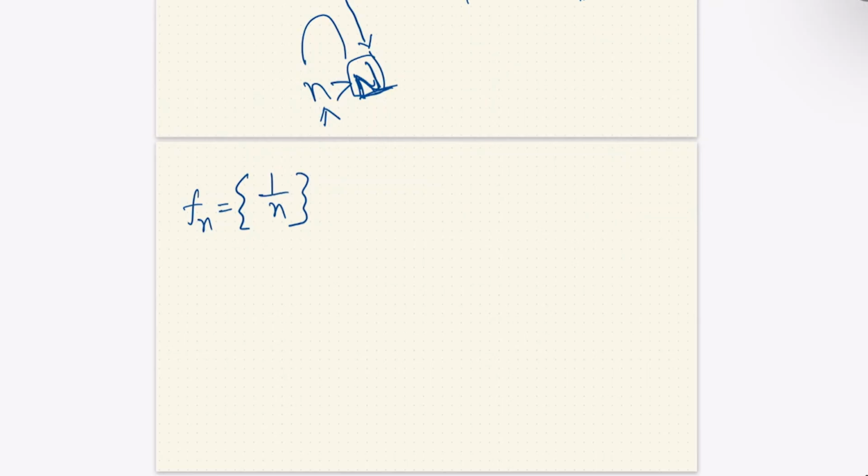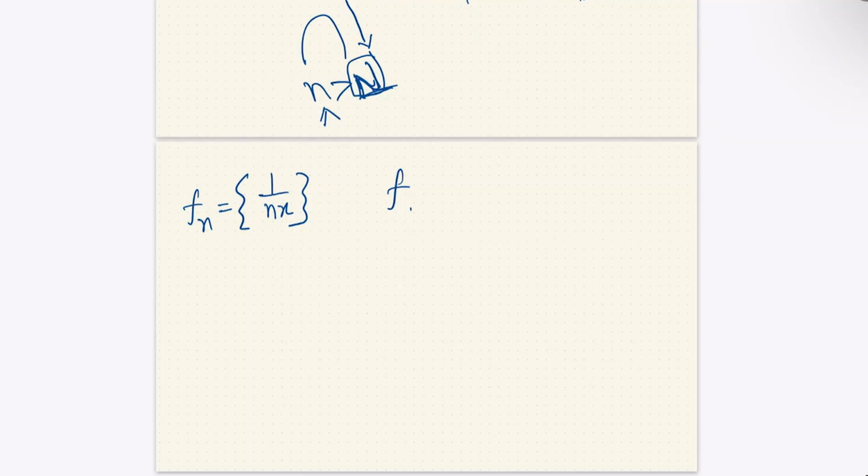Is it a convergent sequence? Yes, sir. I mean, I don't say it as 1 by n, but 1 by nx, because the functions are sitting inside, like it is a sequence of functions.